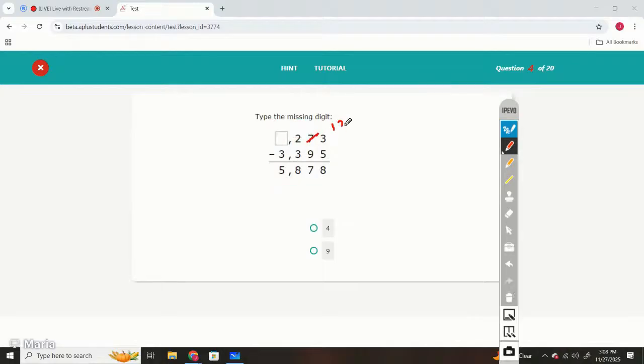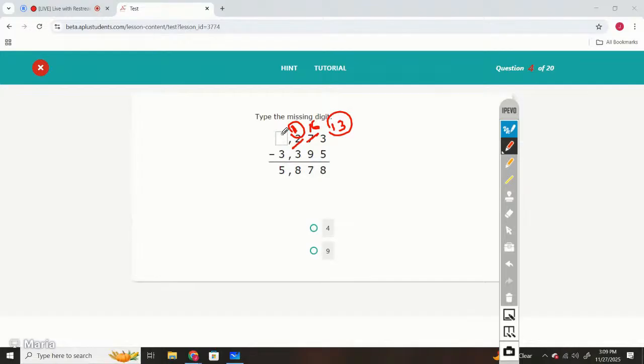The borrow makes it 13 and we have 6 here. 13 take away 5 is 8. We cannot subtract 9 out of 6, so we need to borrow 1. 16 take away 9 is 7. We cannot subtract 3 out of 1, so we need to borrow 1 from here. We have 11 take away 3 is 8.